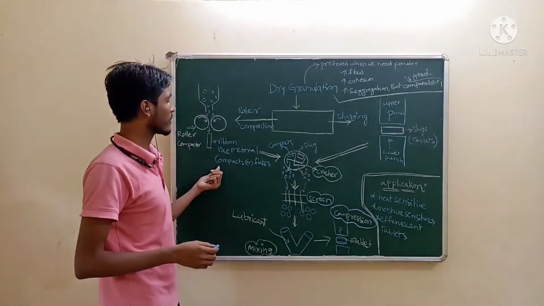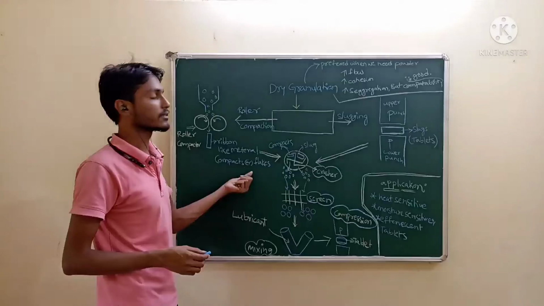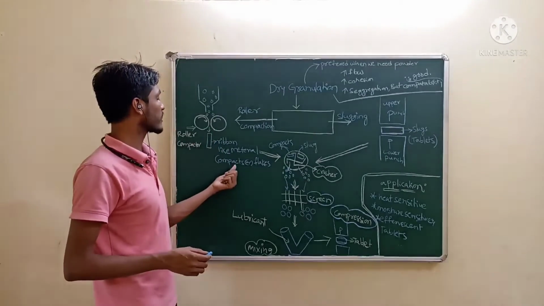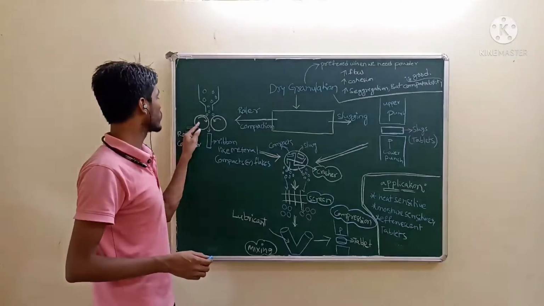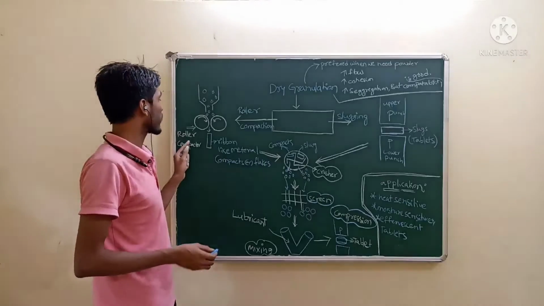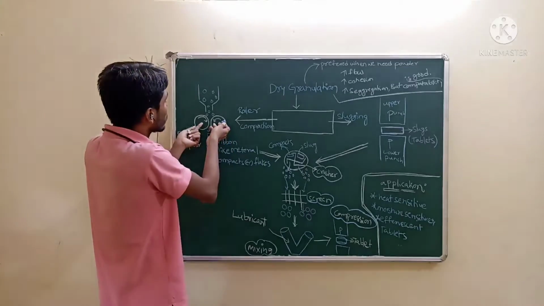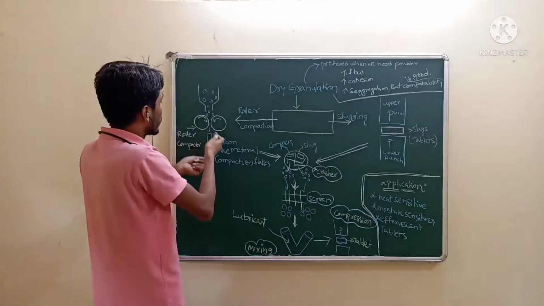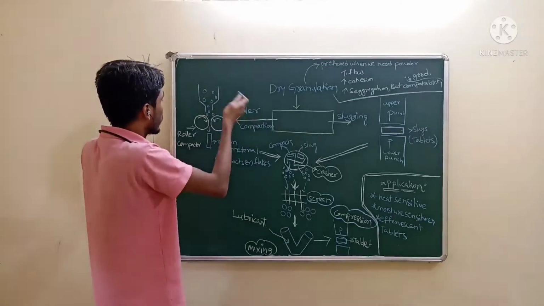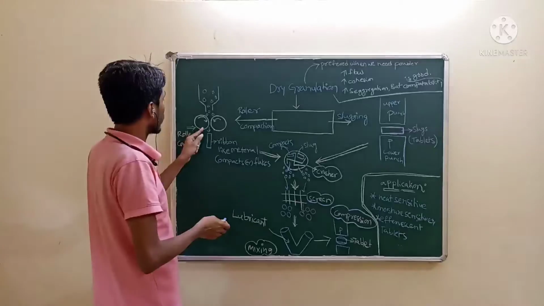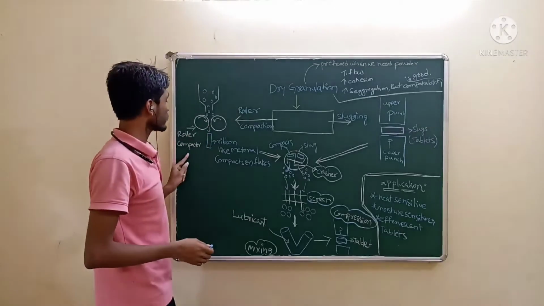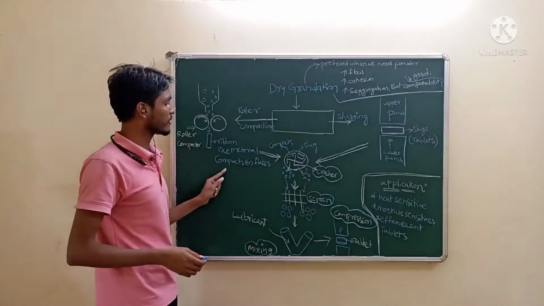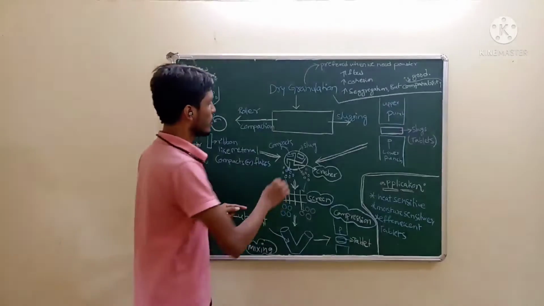Ribbon-like material we can call compacts or flakes, made using the roller compactor. See, these two rollers are moving in opposite directions, not in the same direction.